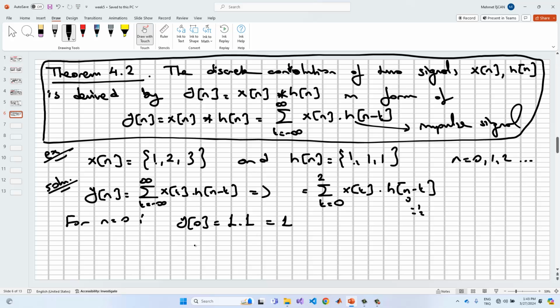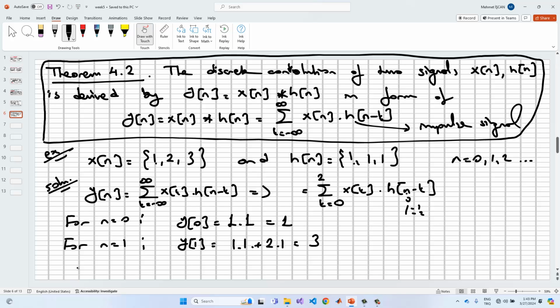But for n equal 1 we have y[1], 1 times 1 plus 2 times 1, which equals 3, but the third term is not included because it has a negative index in here. Because n is 1, if k is 2 then this yields minus 1, which is 0.